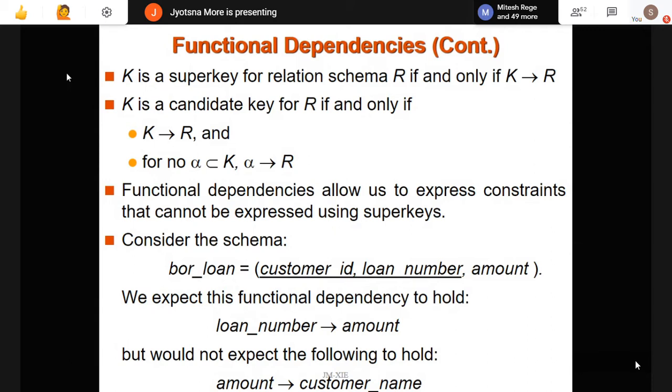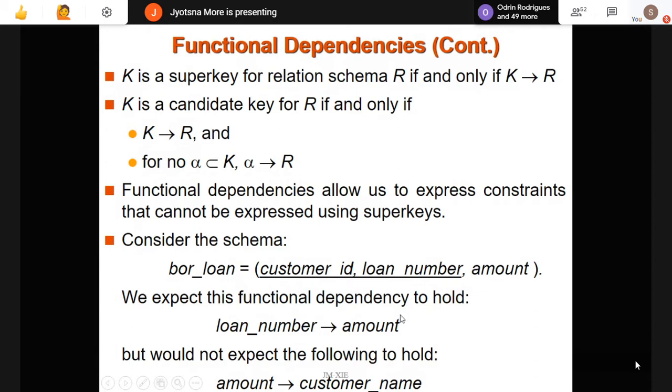Let's consider this schema, for example, borrower loan. Borrower loan is a relation having the attributes customer ID, loan number, and amount. We expect this functional dependency to hold: loan number determines amount. A primary key attribute, or part of a primary key attribute, determining a non-key attribute is always true, right?